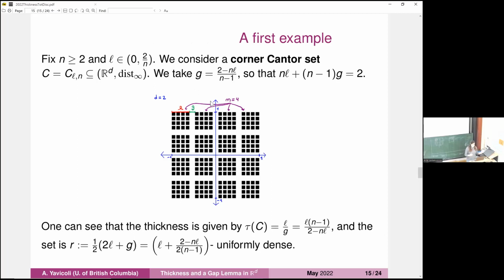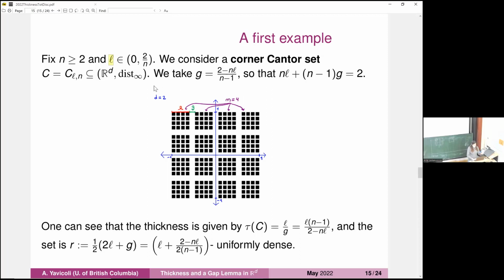So we are going to be in R^d, but my picture is in R^2. We consider n a natural number, larger or equal than 2, and L, which is the length of this side of the cube of the first level, and we are going to consider a corner Cantor set with that side length and n cubes in each direction, right?